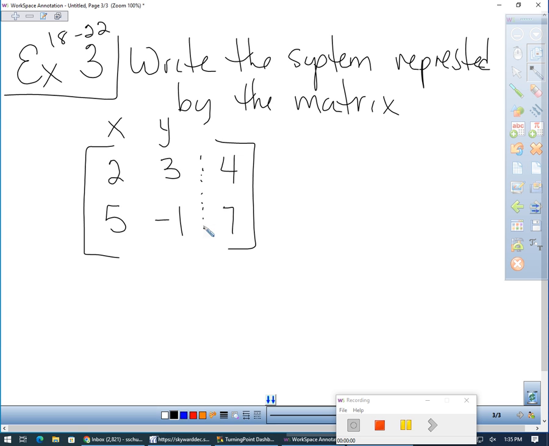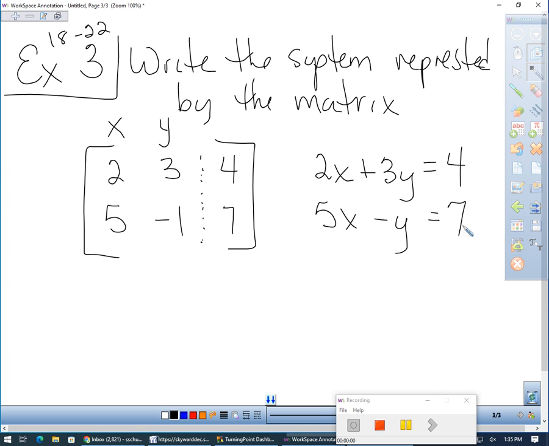Okay? So we're going to write a system. We have 2x plus 3y equals 4. Second one, 5x minus 1y equals 7. All you have to do.